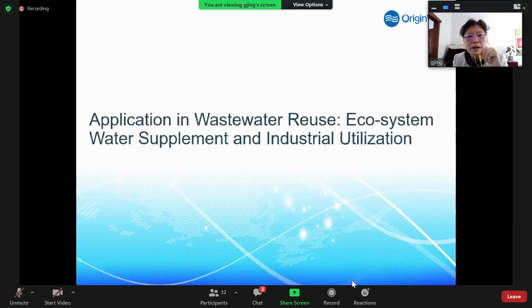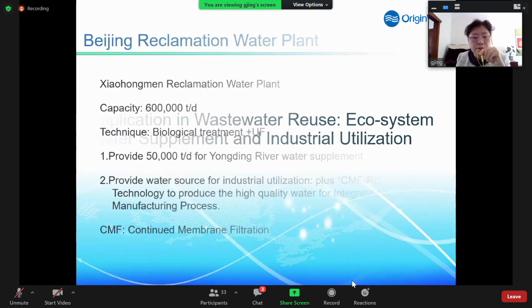Now we talk about application in wastewater reuse. In this part, we probably pay more attention to ecosystem water supplement and industrial utilization.